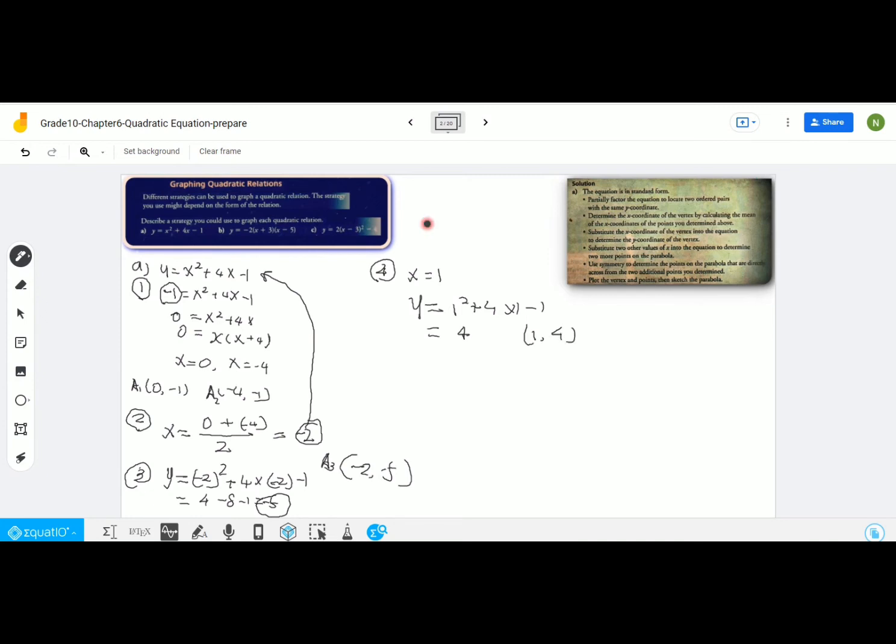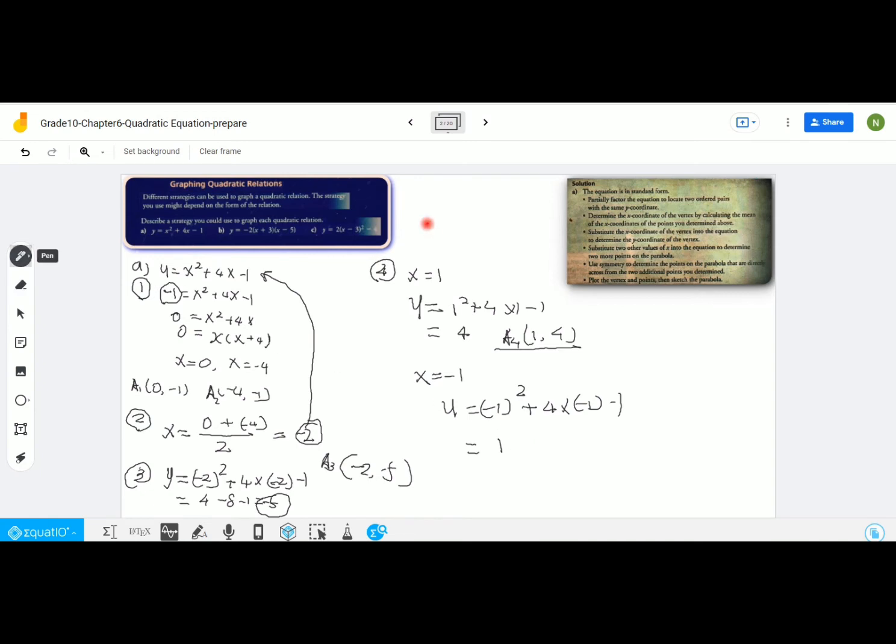We call this point A4. Okay, so we set another x value, which can be negative 1. So y equals negative 1 squared plus 4 times negative 1 minus 1. So it's 1 plus, no, sorry, it should be minus, right? So we can erase it.